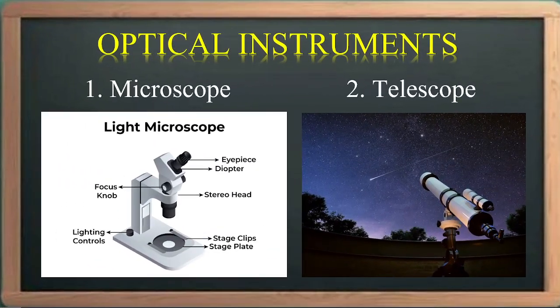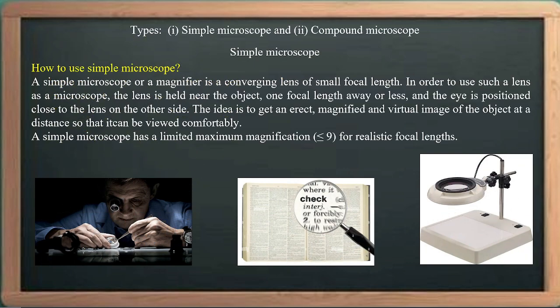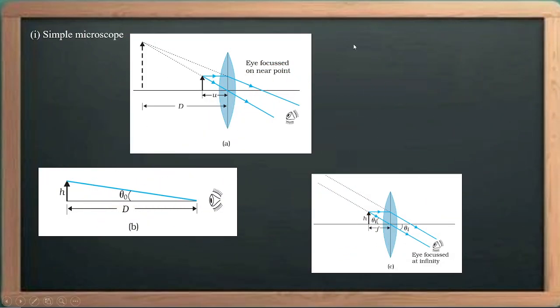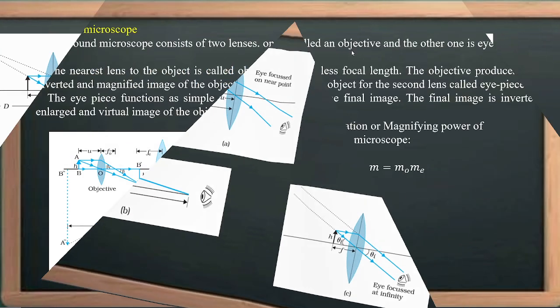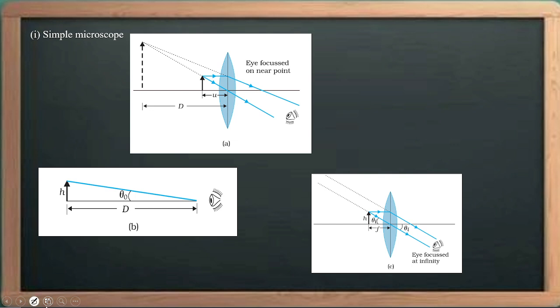Then we have optical instruments, microscope and telescope. For the simple microscope, we have the magnification. The magnification of a simple microscope is given by M is equal to 1 plus D divided by F, where D is the distance of the image and F is the focal length.